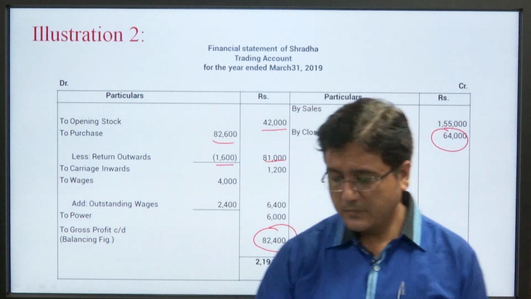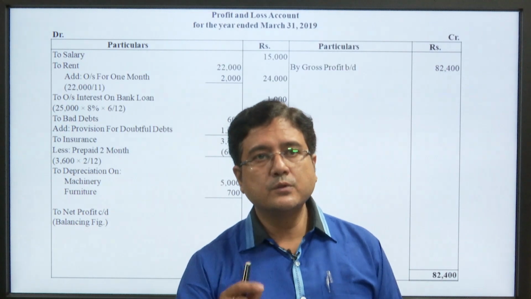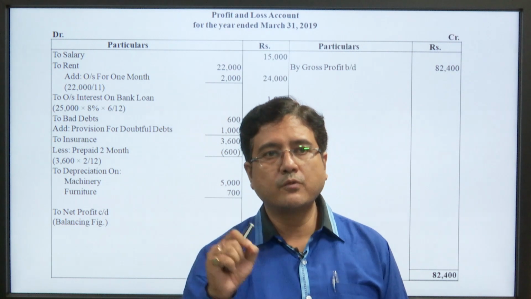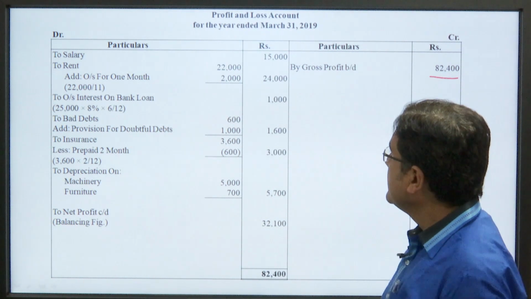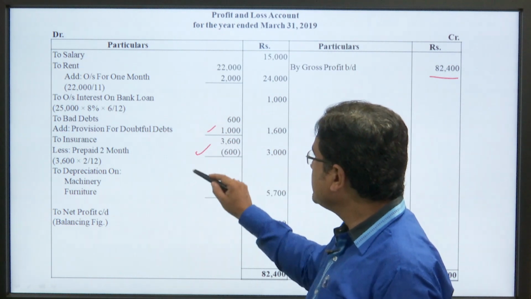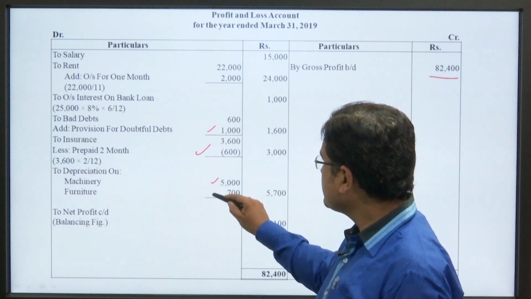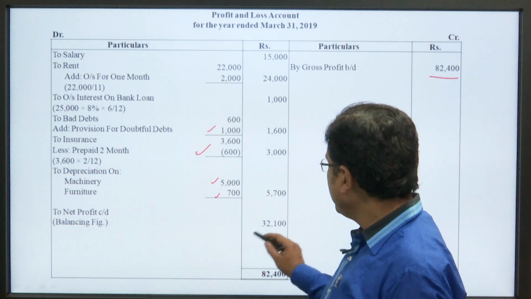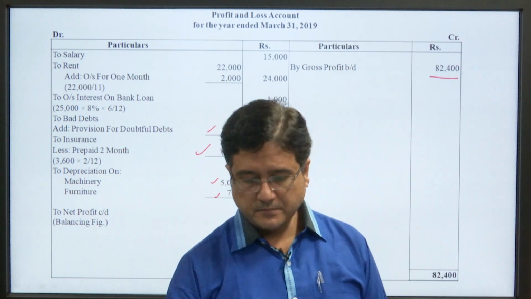Then we transfer that gross profit to the profit and loss account. These are the adjustments, prepaid expenses, all adjustments are here. The balancing figure, net profit, is given as 32,000.